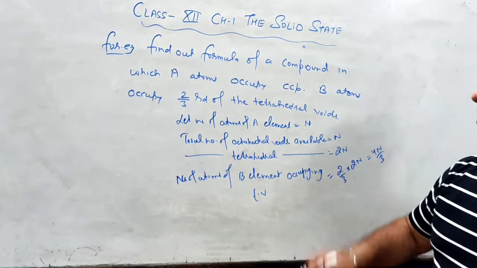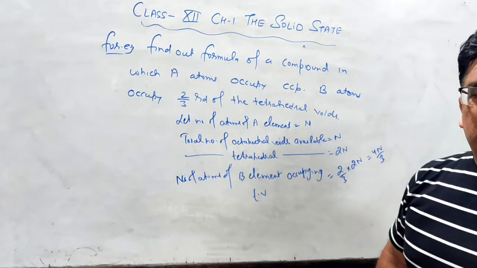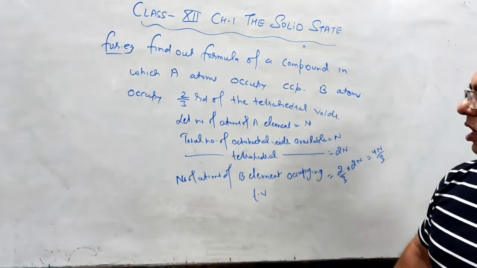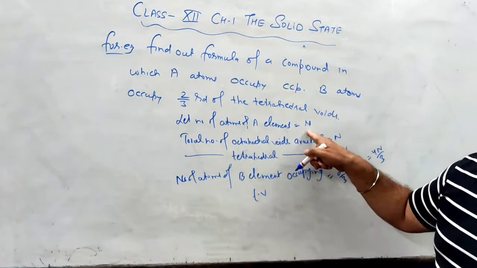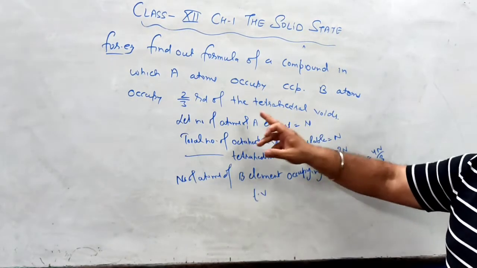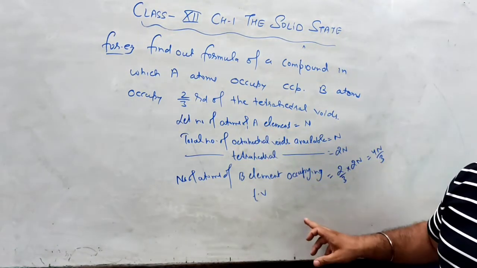Now you see that this compound contains the atoms of two elements, capital A and capital B. For finding the formula, we will take the ratio of the number of atoms of A element and the number of atoms of B element.